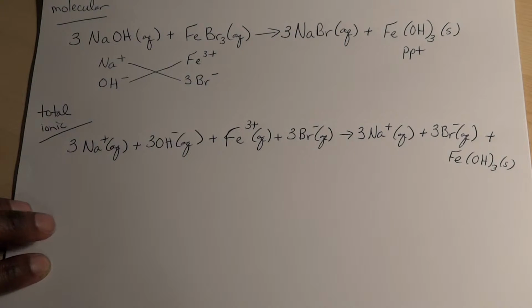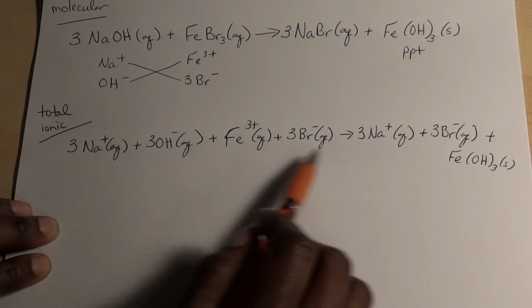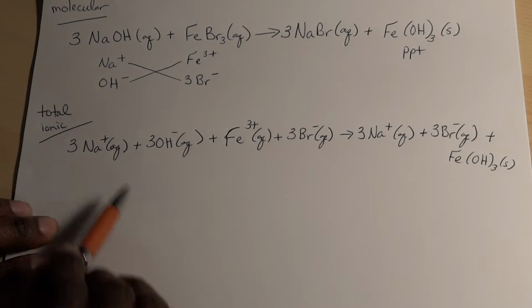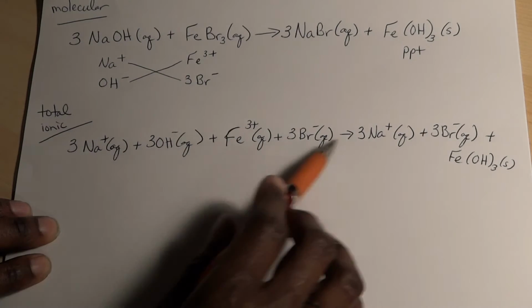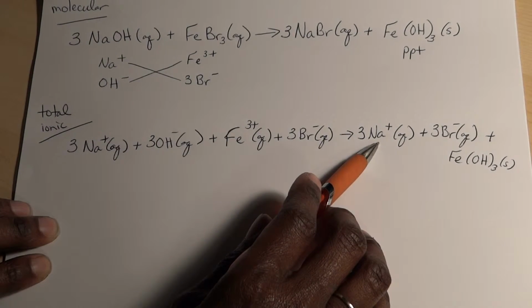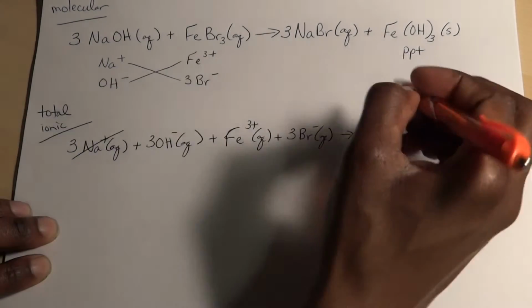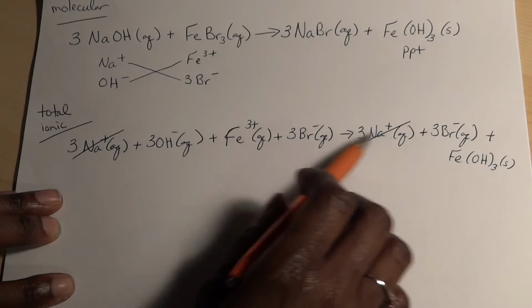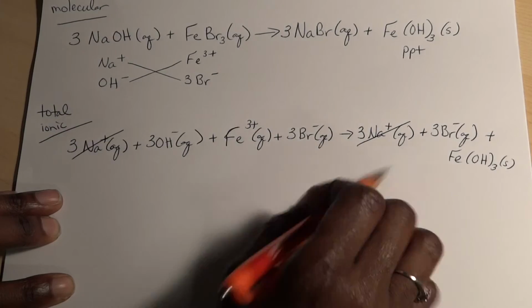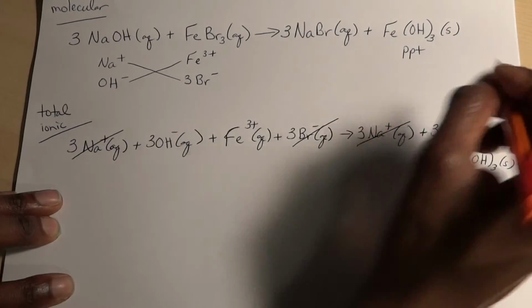Now we want to cancel our spectators. We have the sodium ions on both sides that are exactly the same, which means that they didn't change, so we're going to cross them out. We also have the 3 bromides on both sides that didn't change, so we're going to cross those out as well.